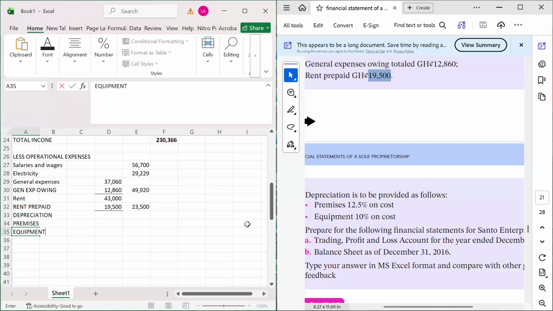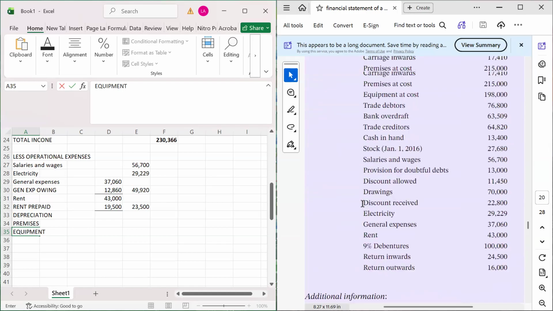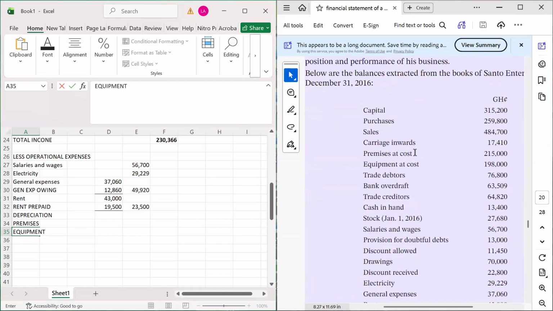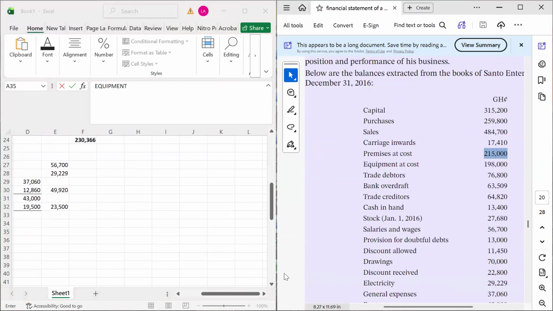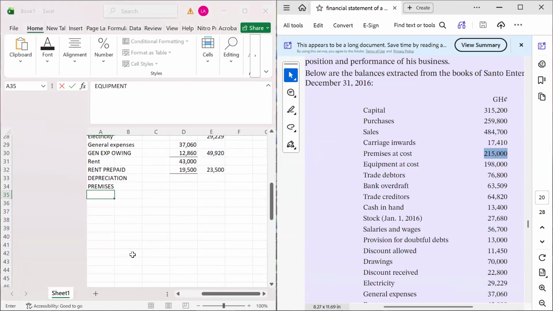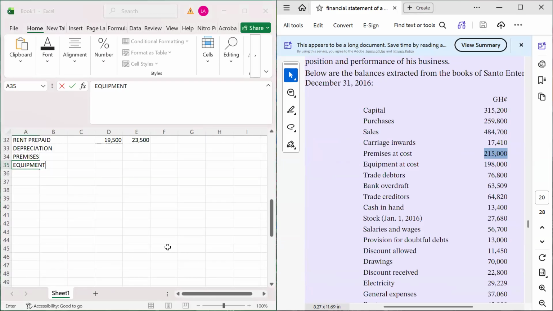Now, premises is 12.5% on cost. So let's come to the question. This is premises. And the cost of premises is what? 215,000. So let's go and do some calculation. You do some rough work. They said depreciation is 12.5%.